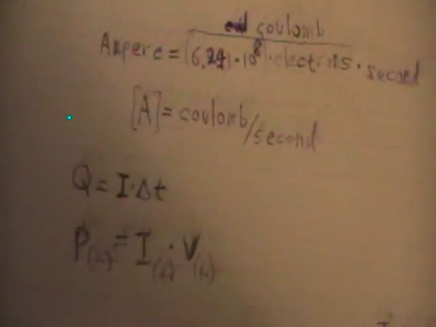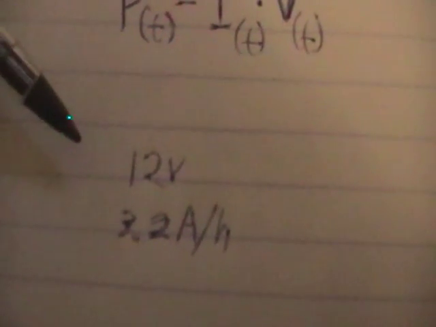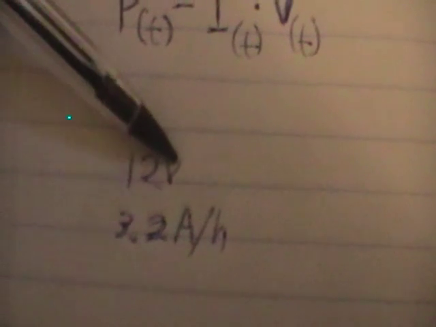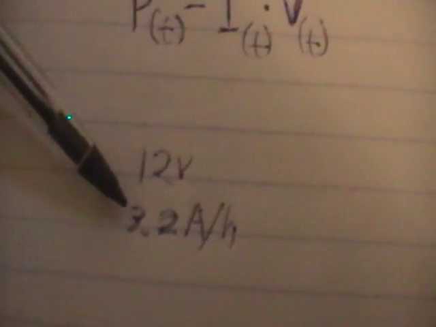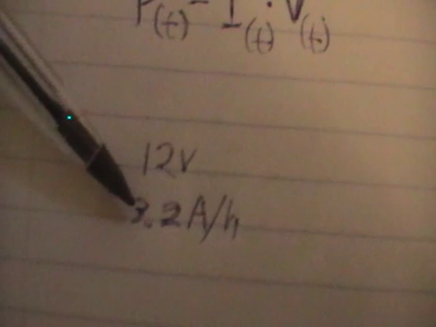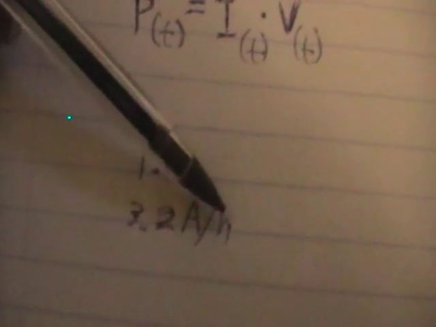Okay, so if you have a 12-volt battery with a 3.2 ampere hour, this means that our battery has 12 volts and it can put out 3.2 amperes, which is measured in time, for 1 hour.